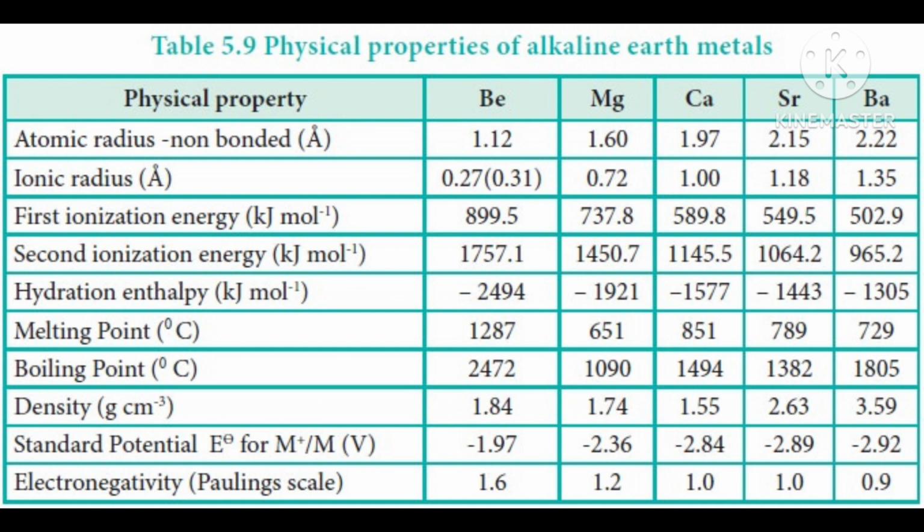In flame, the electrons are excited to higher energy levels, and when they drop back to the ground state, energy is emitted in the form of visible light. I already discussed this in detail with group 1. Here also the same things are there.